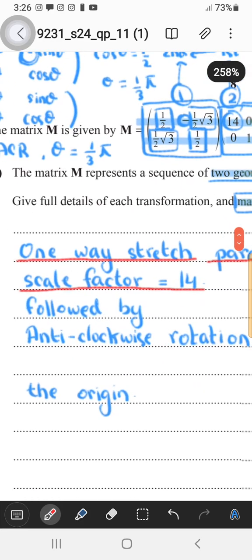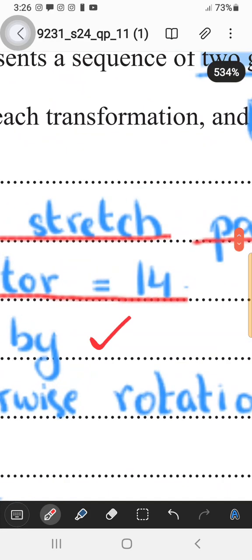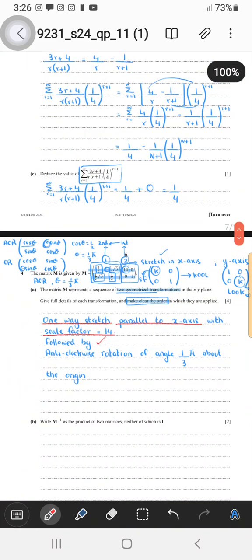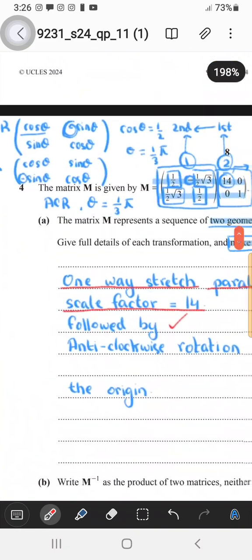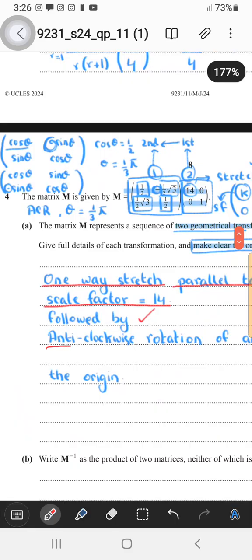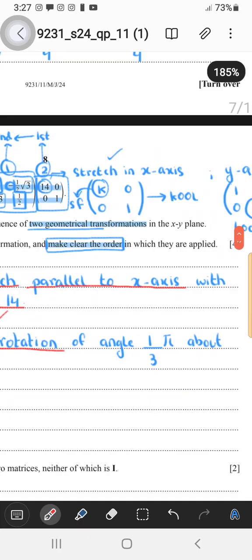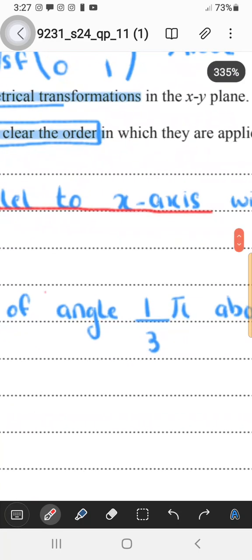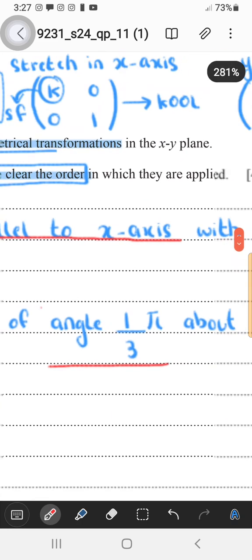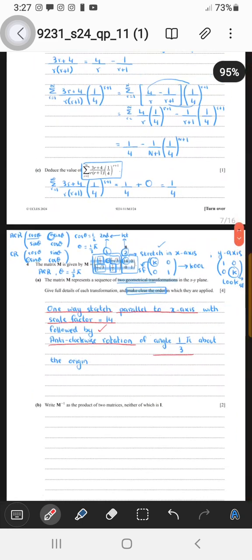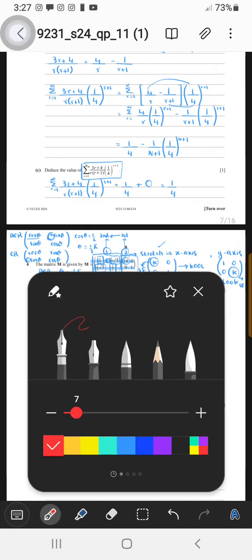Then this followed by is compulsory, okay, along, and then we have to write anti-clockwise rotation of angle 1 upon 3 pi about the origin. Yes, so these are the keywords which we have to write in our exam.